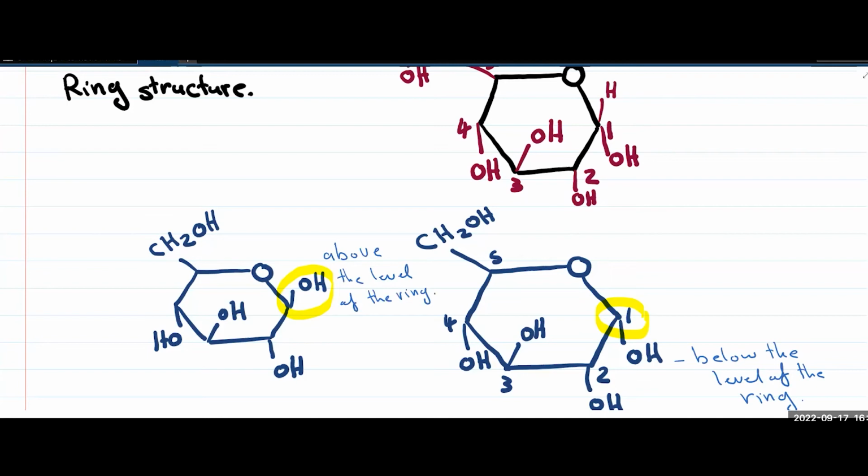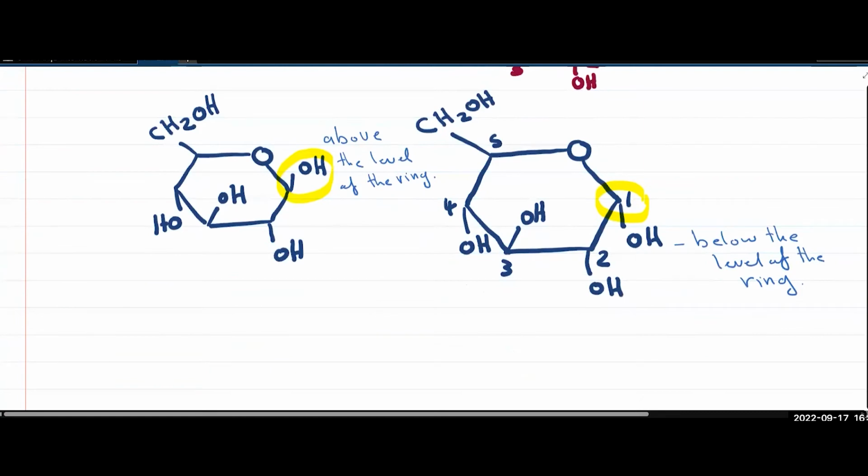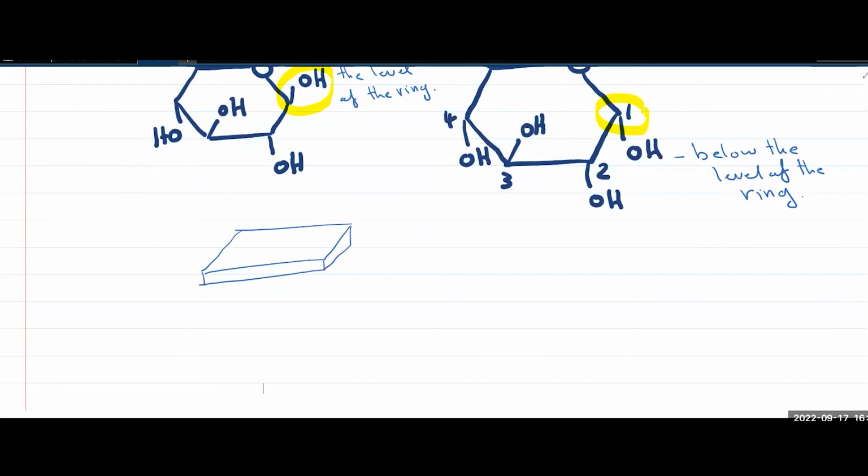Below or above the level of the ring is related to stereochemistry, or we have to look at the compound in organic chemistry not only by their structure, but we also have to learn about their geometrical arrangement, or how they look as a 3D shape structure. To make it easier for you to imagine, the glucose ring is on the surface of the table like that. Here is the ring of the glucose.